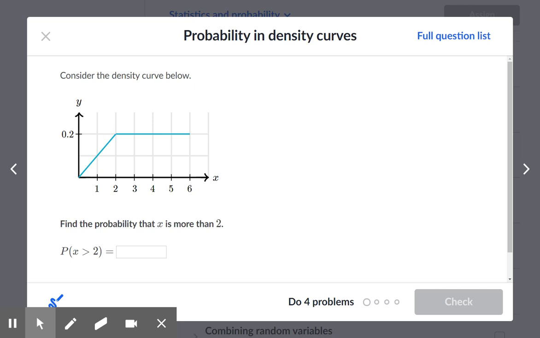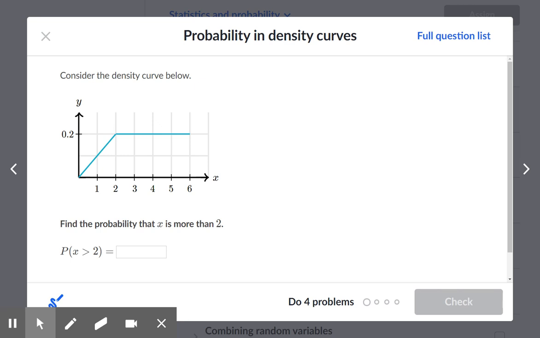The area under the density curve will always be equal to 1.